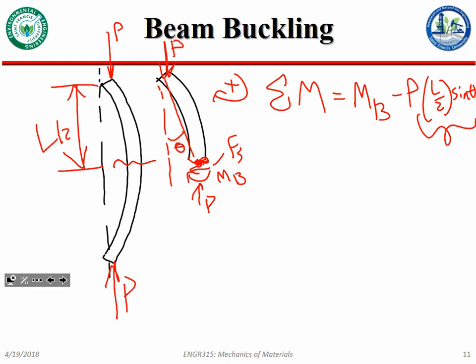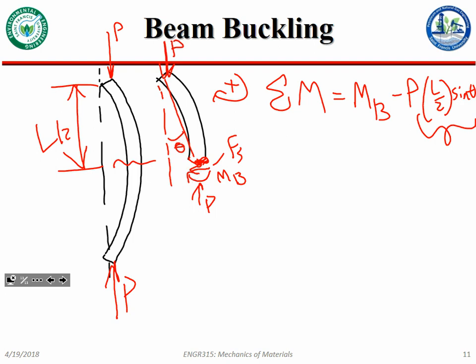As soon as the beam deflects a little bit due to whatever, and from what I understand it's a somewhat random occurrence, the axial load that you're applying is going to start to bend the beam, and it's just going to be limited by the stiffness of the beam, how far it deflects.